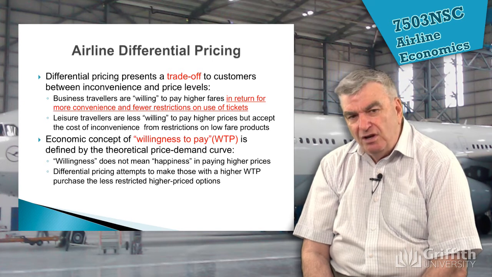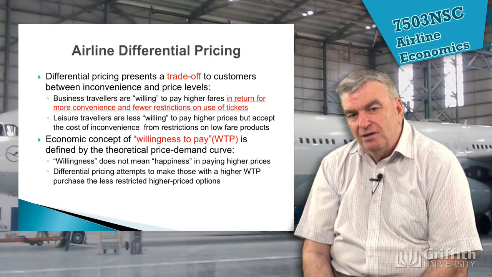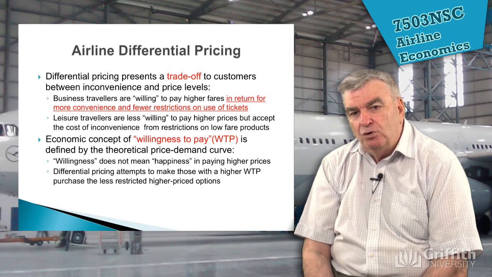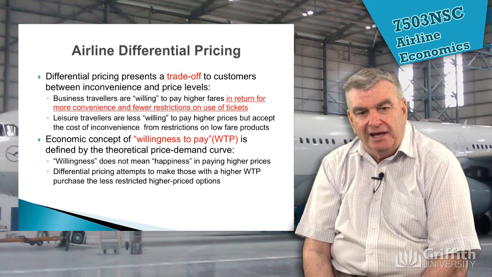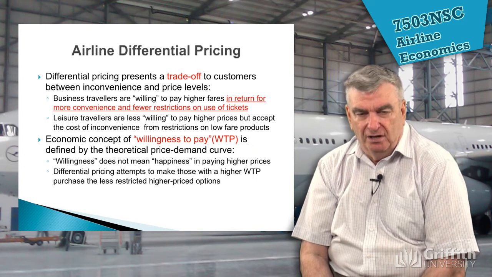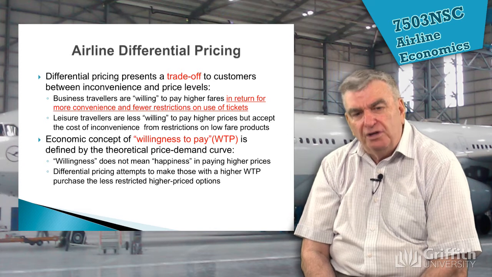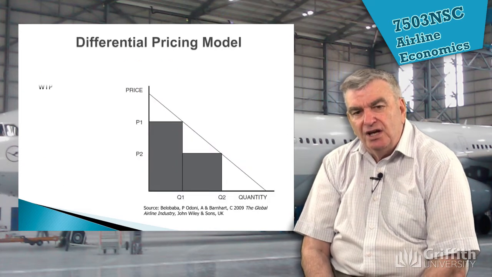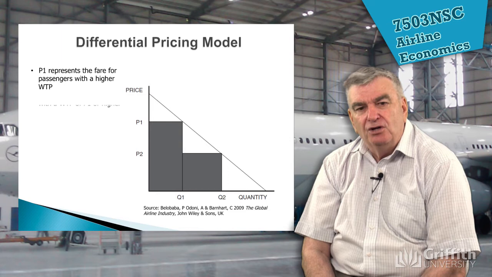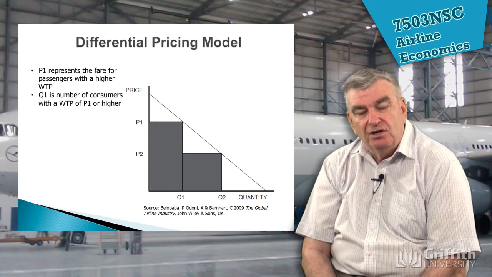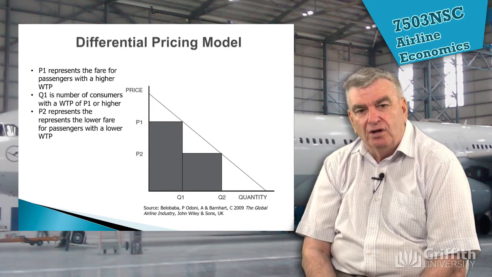So the more inconvenience people can put up with, then the cheaper we are able to offer them a seat. And so we come up against this concept of willingness to pay, and airlines use this fully the whole way. And we'll find out all the different ways that airlines exploit this willingness to pay to offer those really cheap seats.